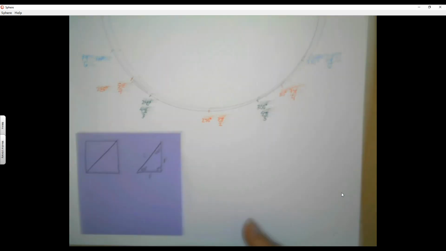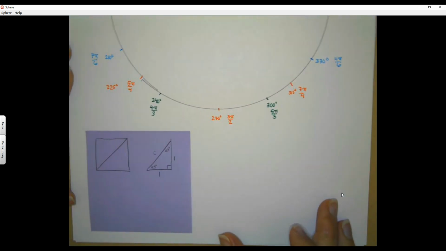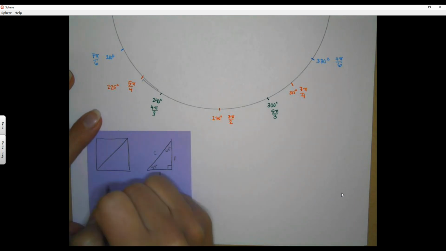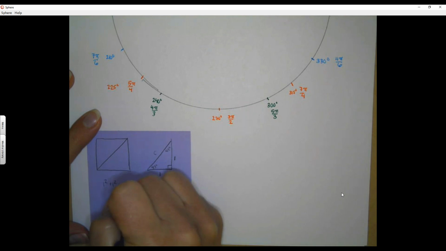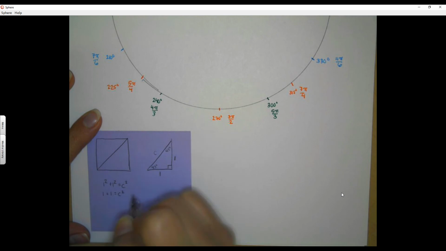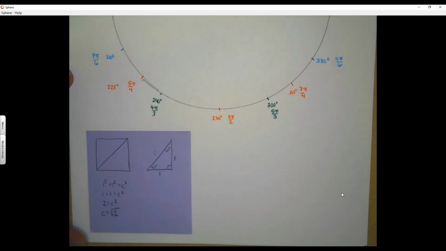That looks a little bit better to me. All right, so a squared plus b squared equals c squared. So 1 squared plus 1 squared equals c squared. Well, 1 squared is just 1. So 1 plus 1 equals c squared. 2 equals c squared. So c, if we take the square root, is equal to the square root of 2.